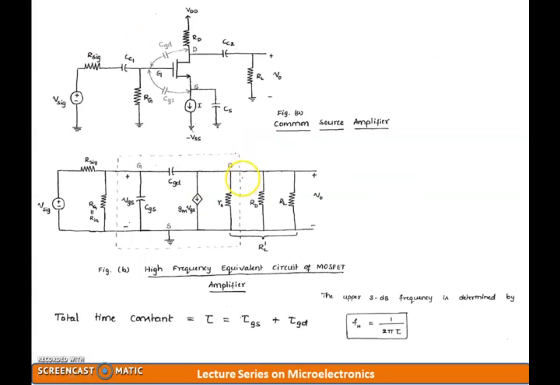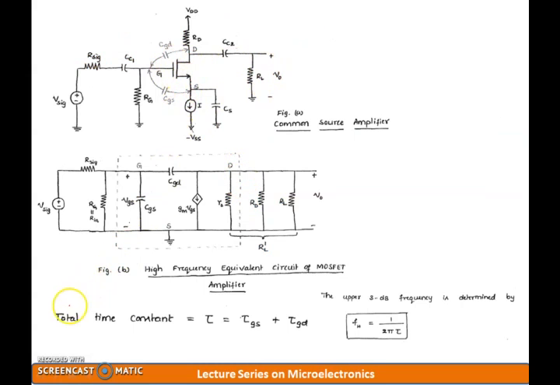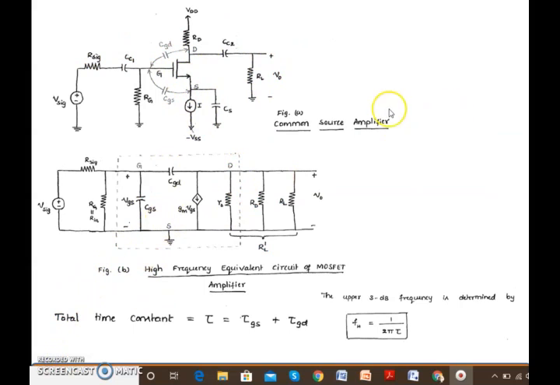So like I was telling, I'll just give you a glimpse of what I'm going to do in the next lecture. Here I have taken the common source amplifier configuration, and I am trying to map all the capacitances, that is the parasitic capacitances, along with the other capacitances that are discretely available in the circuit.